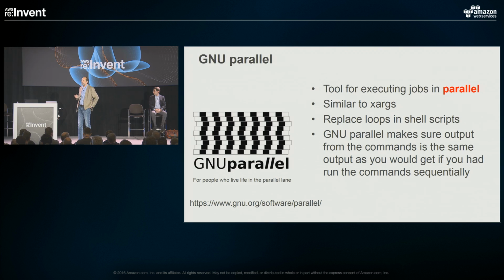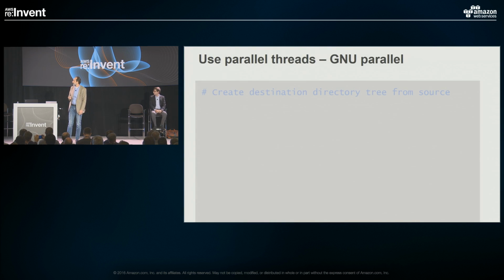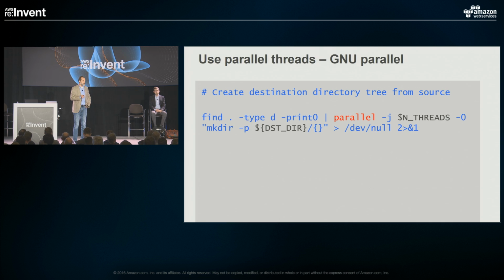With GNU parallel, it's consistent because the output is going to be the same as if you did it in a serialized manner. All right, so this is what we did. We created the destination directories using parallel, and we did the copy as well.